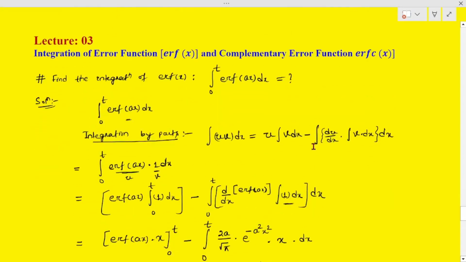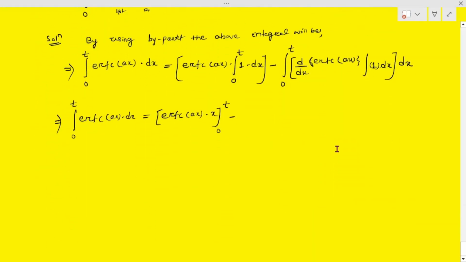Minus 2a by root pi, here with integration limits 0 to t, e to the power minus a square x square, and integration of 1 with respect to x is x dx.